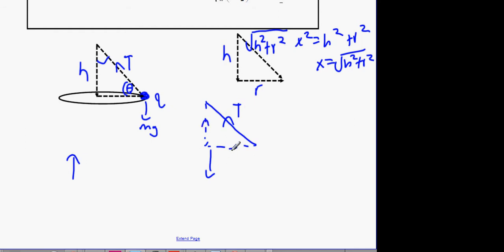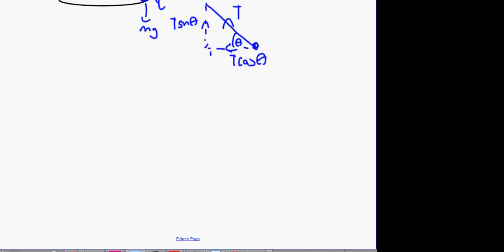So this is theta, so it's going to be T sine theta and T cos theta. Going upwards, what goes up equals what goes down is the first equation usually. Basically statics. So T sine theta, the component of tension going upwards, equals mg going downwards. That's equation 1.